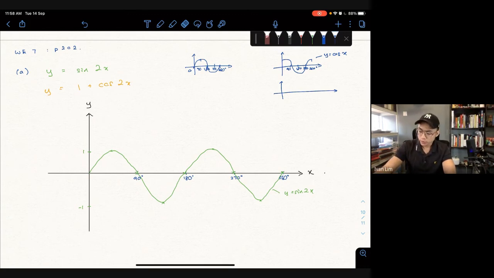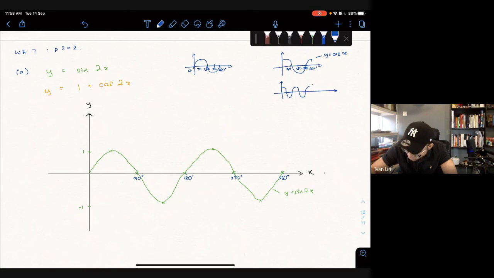So what will happen here is all your angles will also be divided by 2. You just need to follow the period divided by 2. So all your angles also divide by 2. Okay, so now I become like this.